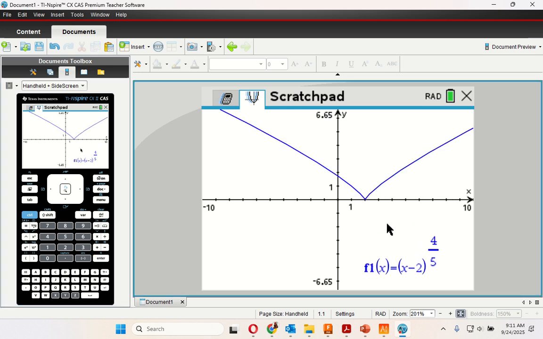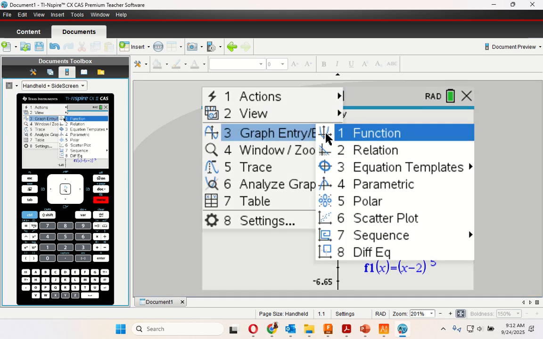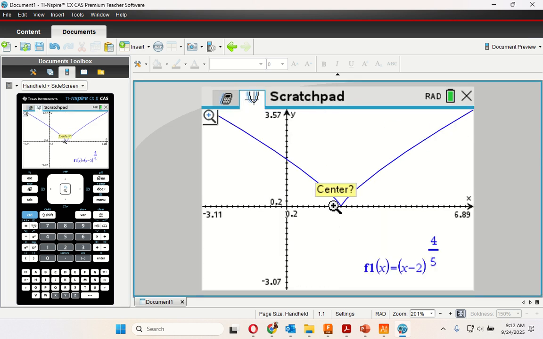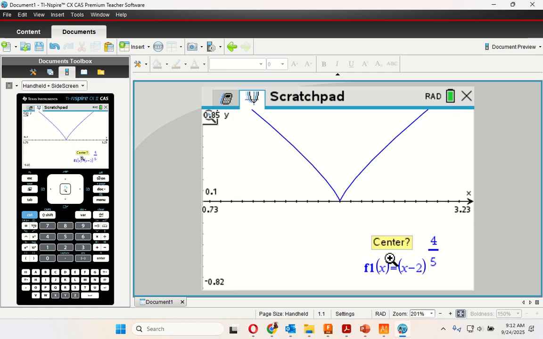Now, this thing right here, menu, zoom, and all right, so this thing right here, it is referred to as a cusp as it's going down. Remember, we cannot find the tangent at a point like this because you can't really balance a tangent line on the end of a point.